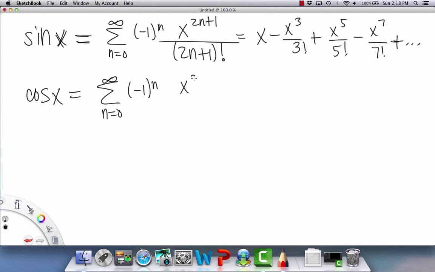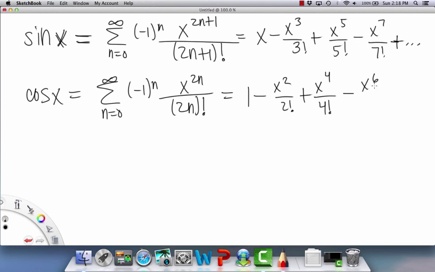So then we have x to the 2n over 2n factorial. This is going to look like 1 minus x squared over 2 factorial plus x to the 4th over 4 factorial minus x to the 6th over 6 factorial, and so on and so forth. And then the last one that I want to emphasize is e to the x.